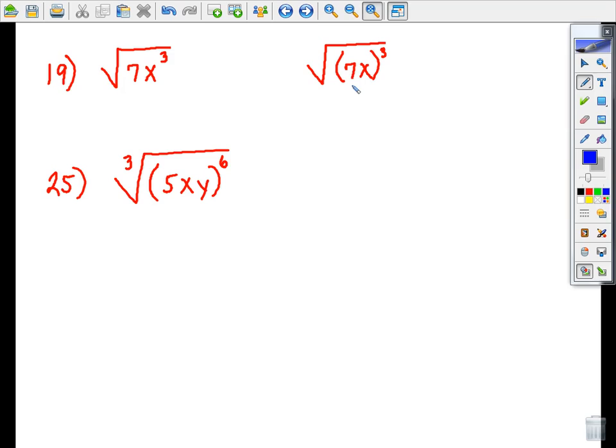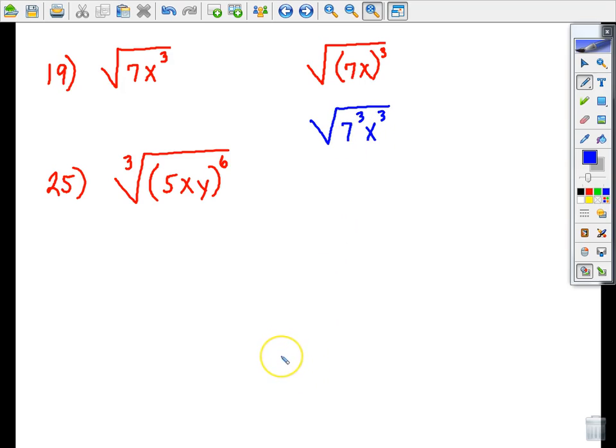How come, Justin? Second one, both 7. Okay, I don't know if you heard that, but he's exactly right. On the second radical, because these are in parentheses, both 7 and x are being raised to the 3rd power. So in other words, I could rewrite this without parentheses.